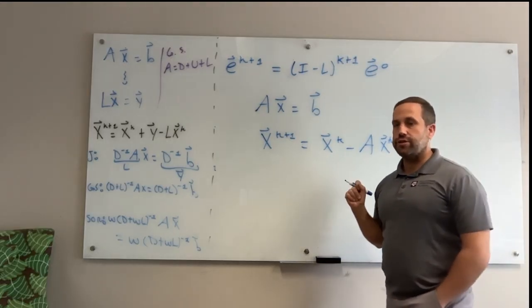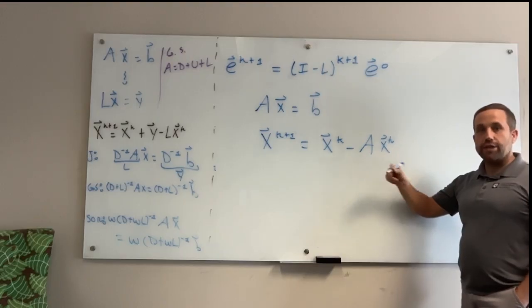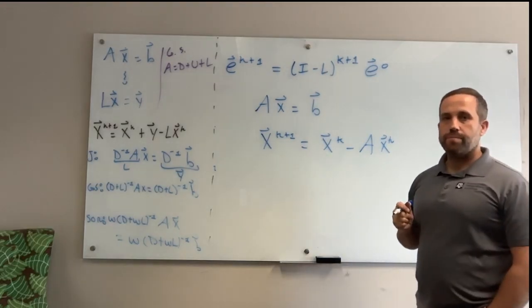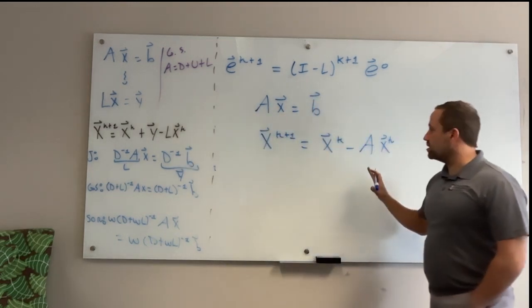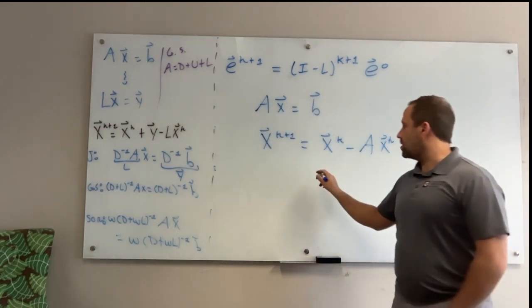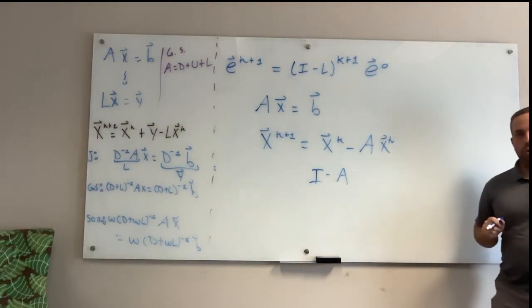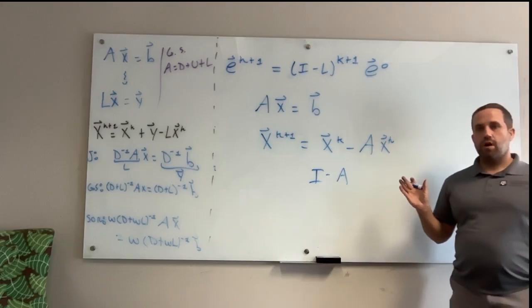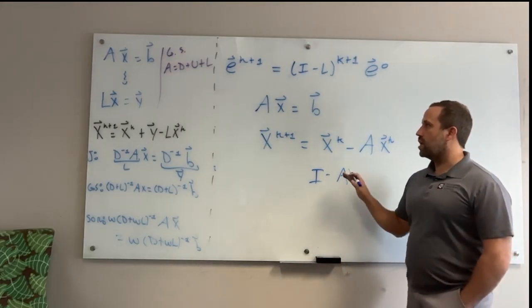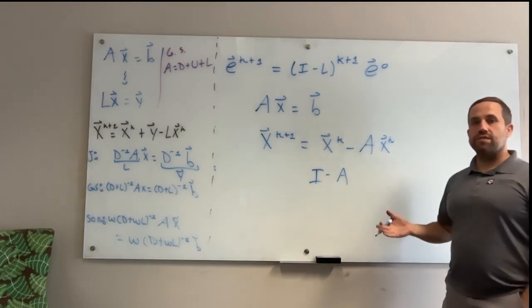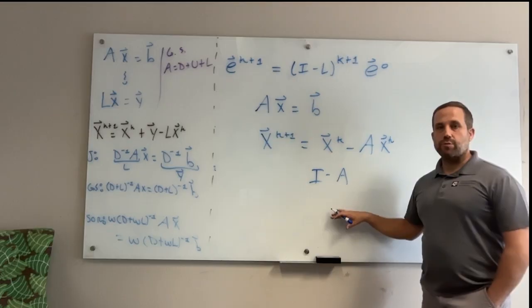That's one of the things you're going to do on the homework: show that the eigenvalues of I minus A are greater than 1 in absolute value. So this method does not work. The Richardson iteration applied to an unpreconditioned system is not going to converge for all initial guesses because the spectrum of this is too big.